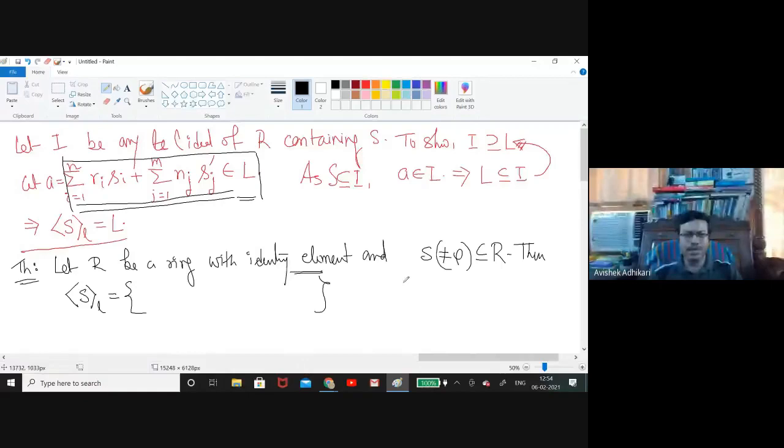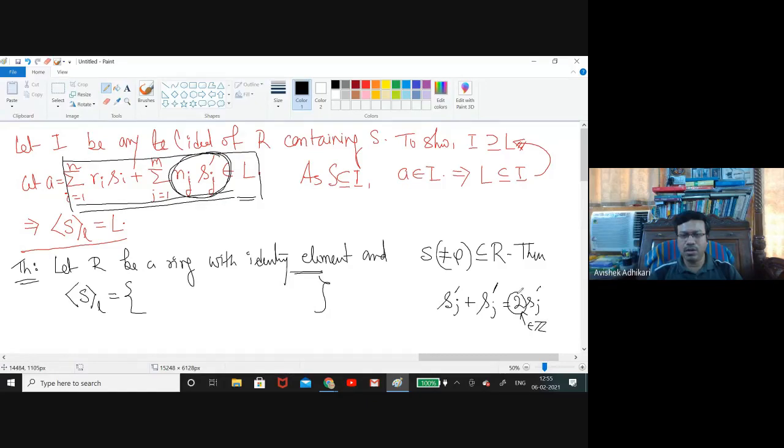Okay, try to guess why I am taking this one. Any idea why I have taken this expression? Because if some s j dash is there, this plus s j dash should also be there. That means it is 2s j dash, and this 2 is nothing but an integer.